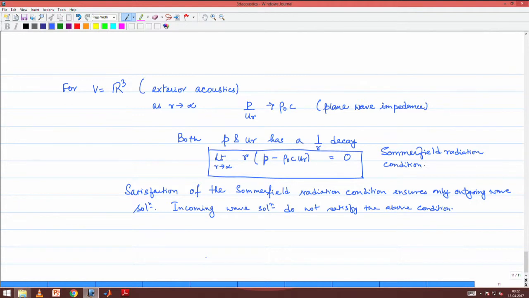So, the Green's function in V equals R 3, the entire infinite domain, but satisfying the Sommerfeld radiation condition as mentioned above, is called the free space Green's function. Free space means there are absolutely no boundaries.